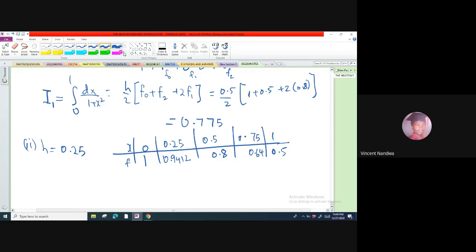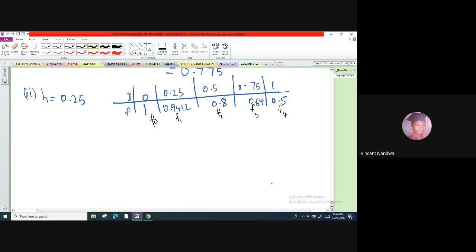We can label this as f0, f1, f2, f3, f4, and then I2 will be given by the integral from 0 to 1 of dx over 1 plus x squared.